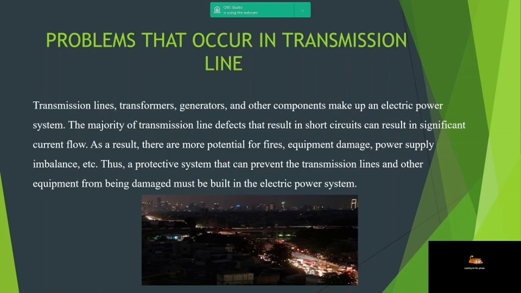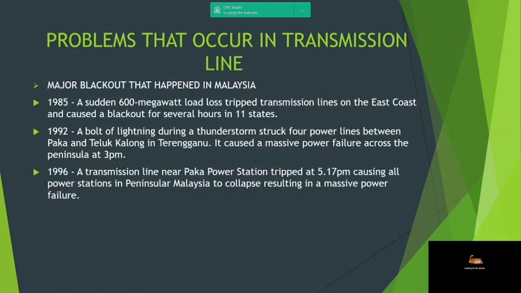Some of the factors are the typhoon factor, lightning factor, and overlying ice factor. There are so many factors, but for the overlying ice factor, there is no such factor in Malaysia. So these are some events that happened in the past in our country, Malaysia.